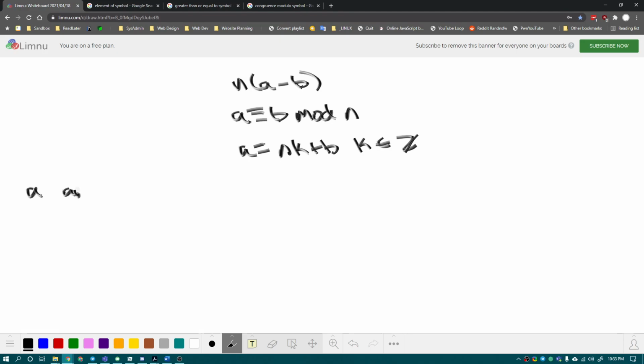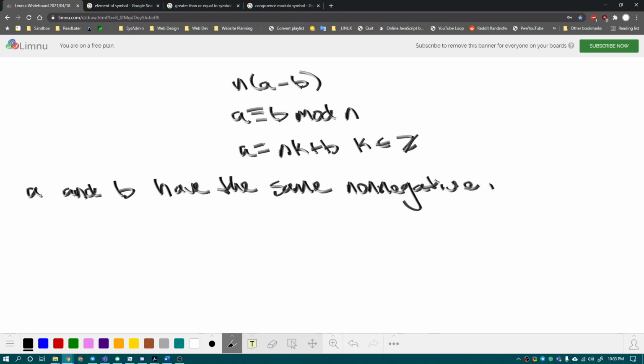This is the one that I struggle with: A and B have the same non-negative remainder when divided by n.